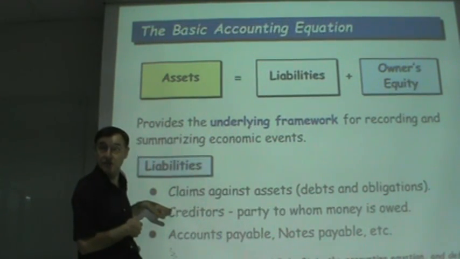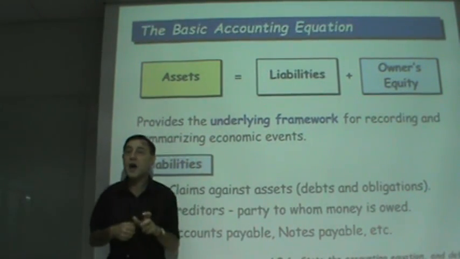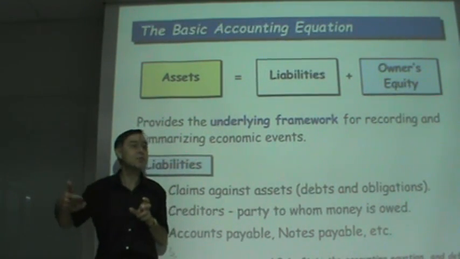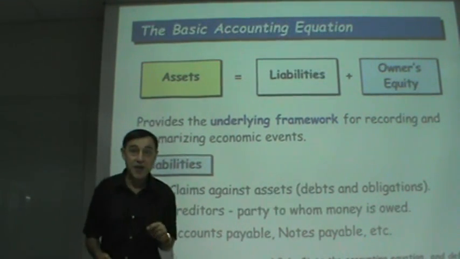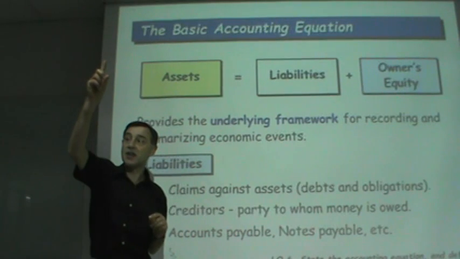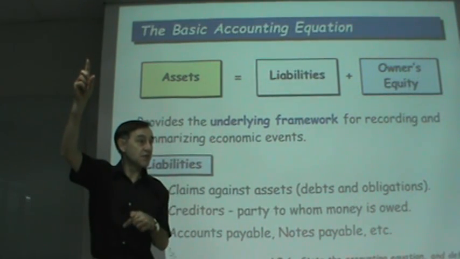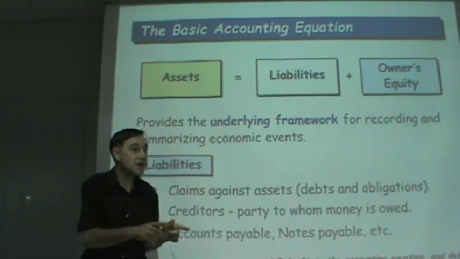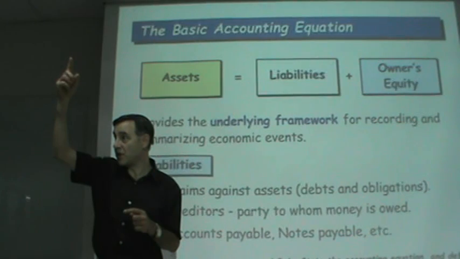Another type of creditor will be supplier. Supplier is a special type of creditor. Okay? Example will be the electricity which the electric company provides the university. Okay? The university will pay the electric bill at the end of the month. Okay?